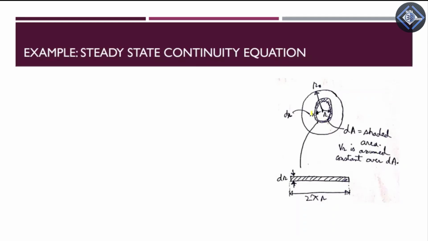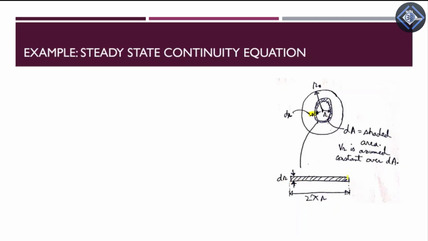So what we do is we take a very small length dr at a distance r, and we draw two circles that are just dr apart in terms of radius. From center to this circle, the distance is represented by r. R naught actually represents the full radius of this pipe, and this shaded area dA is actually the area where we can assume the velocity to be constant.